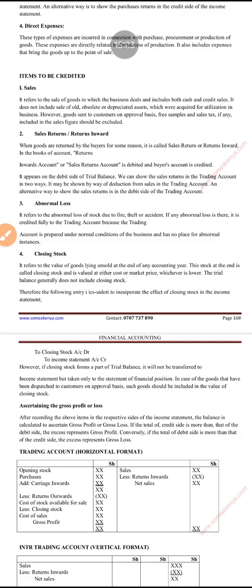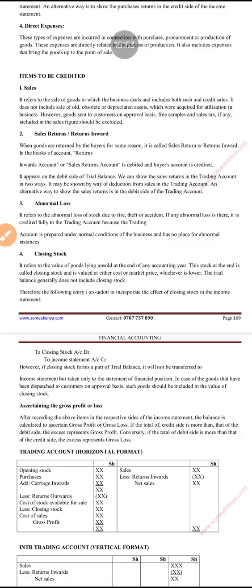So when goods are returned by the buyer for some reason, it is called sales return or returns inwards. In the books of account, the return inwards account or sales return account is debited and the buyer's account is credited.